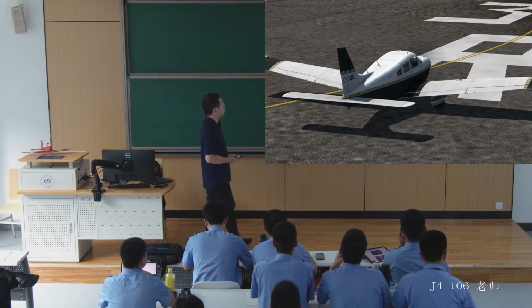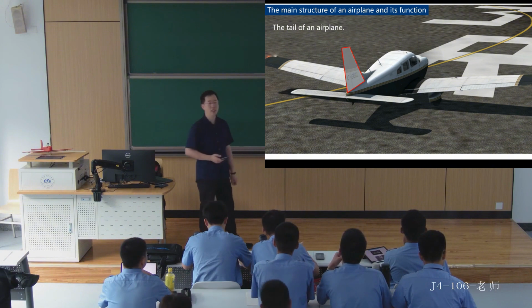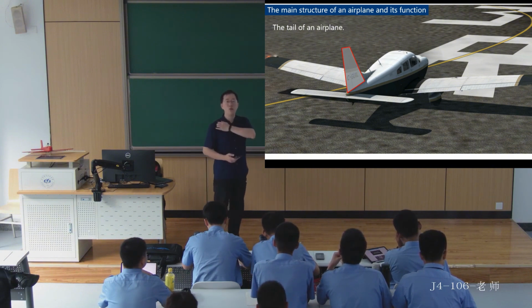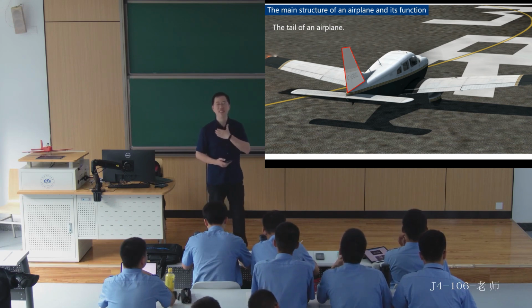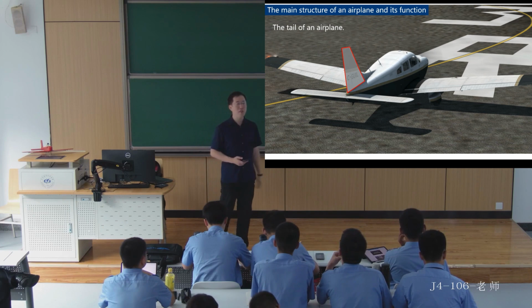What is the key point I hope students will focus on? What is this part called? What do the students in the back call this thing? Regarding the tail fin, this is a particularly common topic. Many students make mistakes here.